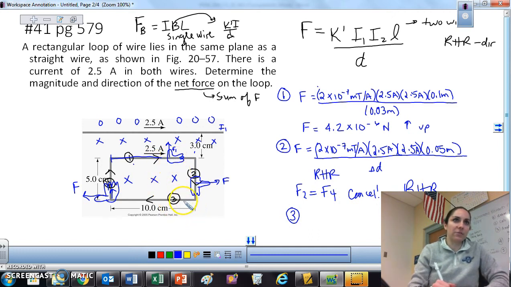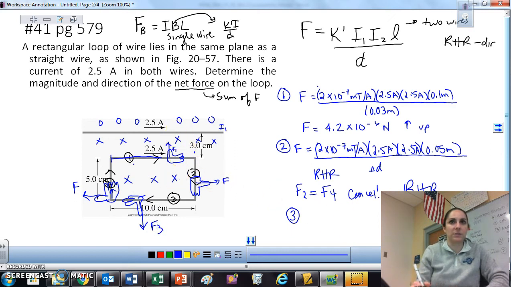If you look at segment 3, we'll just use the right-hand rule here. If I point my fingers in the direction of the current, my fingers will go this way, my thumb goes down. So my force for segment 3 is down.